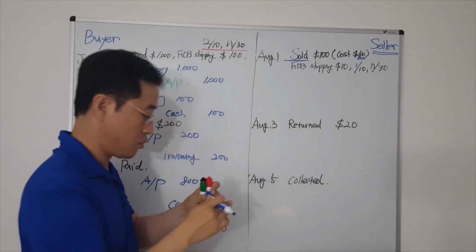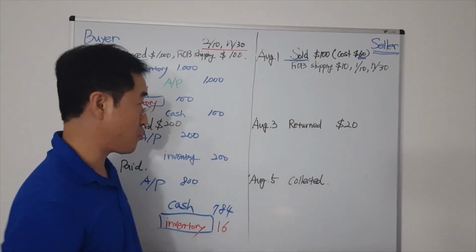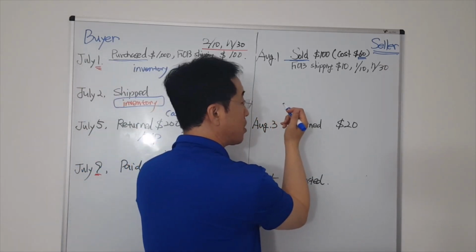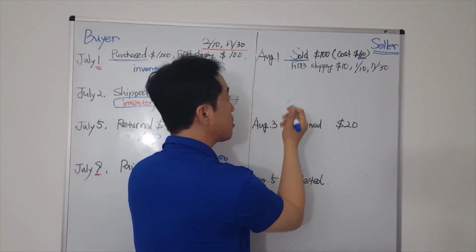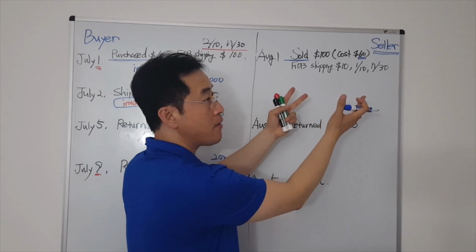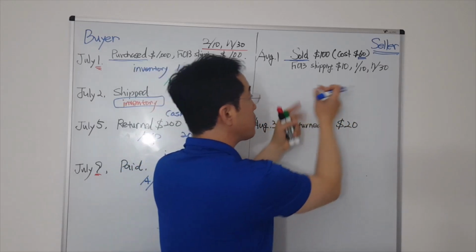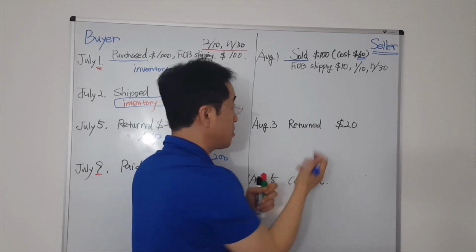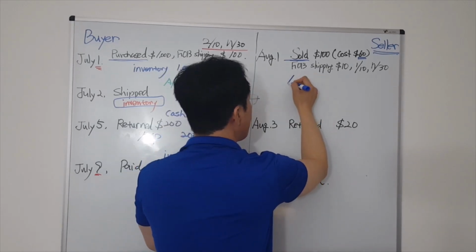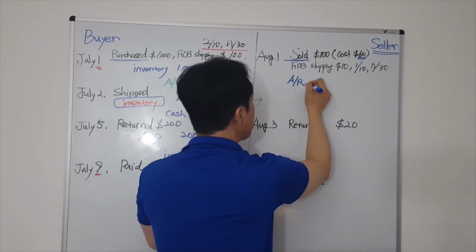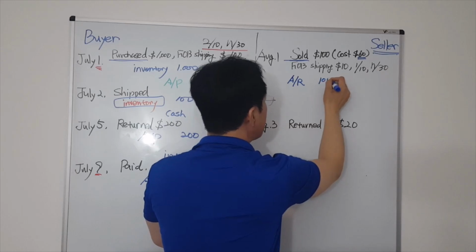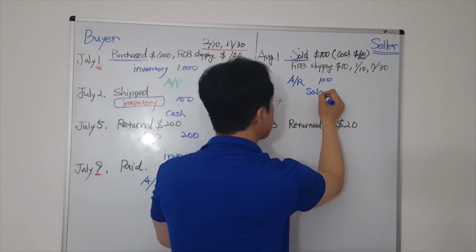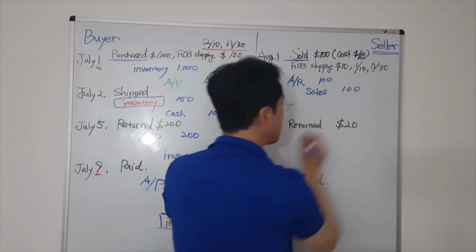Increase what? Cash? No, we haven't received any cash. How do we know that? The discount agreement. So, increase accounts receivable $100. Then increase sales revenue $100.